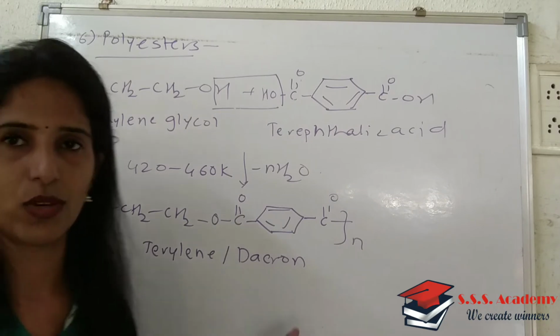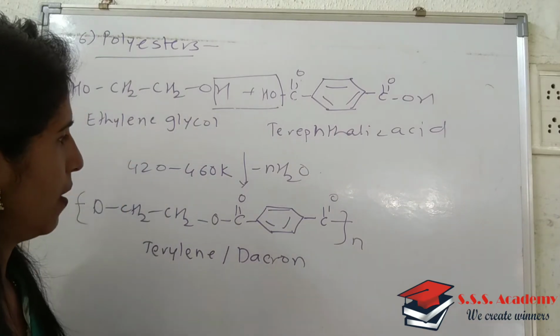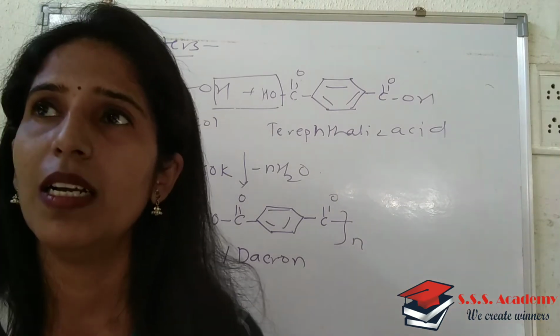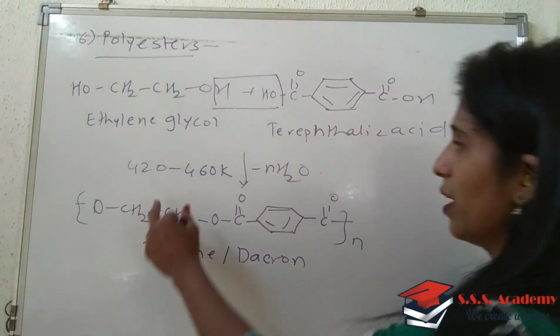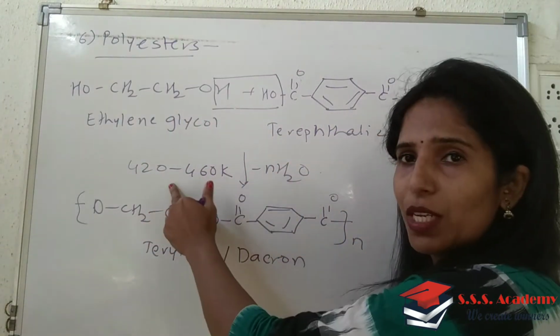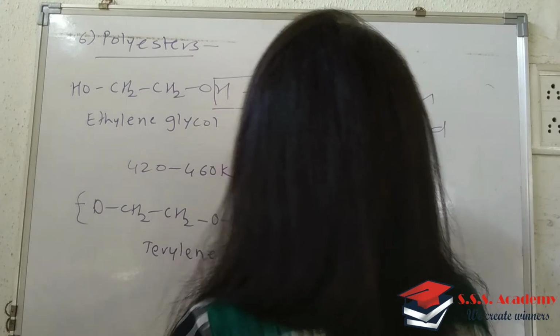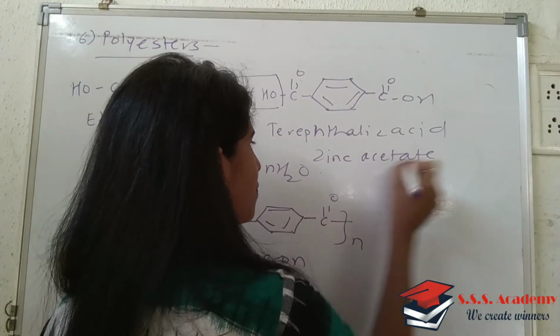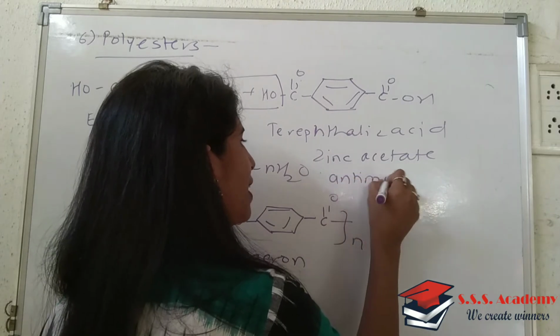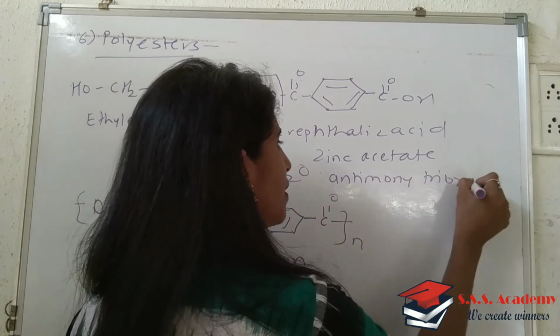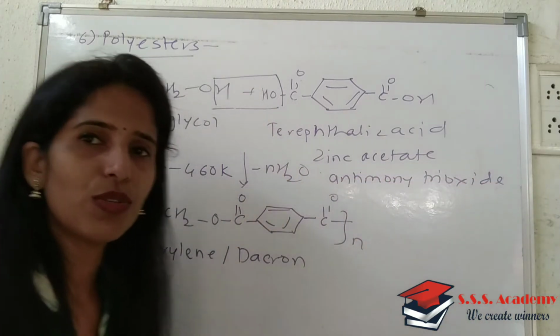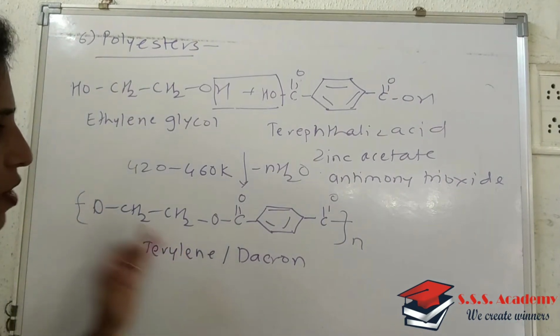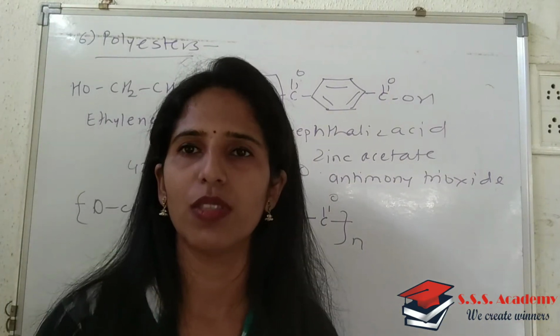Its name is terylene or dacron. One more thing, where we write the temperature condition, here you will mention the catalyst. It's zinc acetate, antimony trioxide. So this is the catalyst used, and this is the reaction. After that you will start writing the uses.